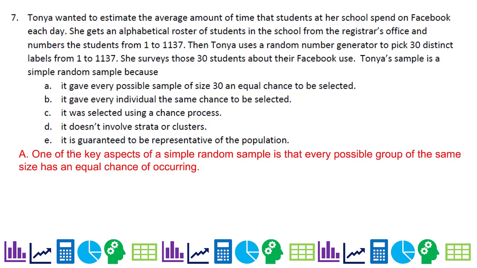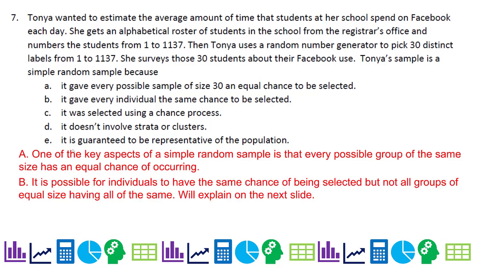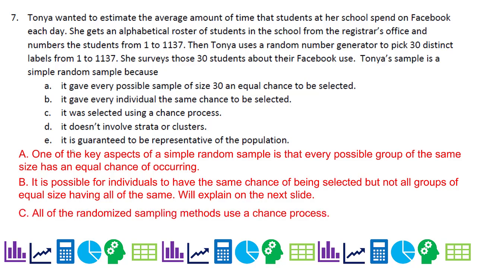Now, it should also have every individual has the same chance to be selected, but this can occur in other randomized sampling methods, which I'll show you after this slide. It was selected using a chance process. Other methods also use chance process, so that doesn't mean that this is a simple random sample. And other methods, such as systematic, don't use strata or clusters either, all right?